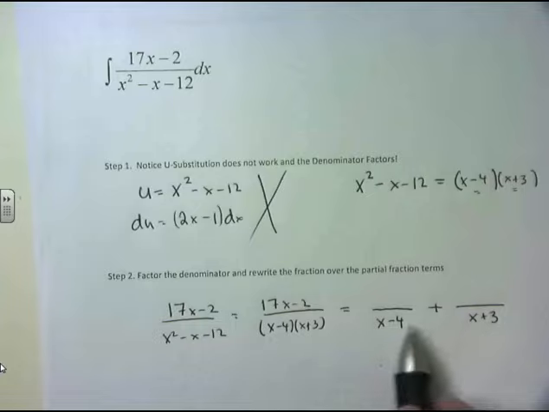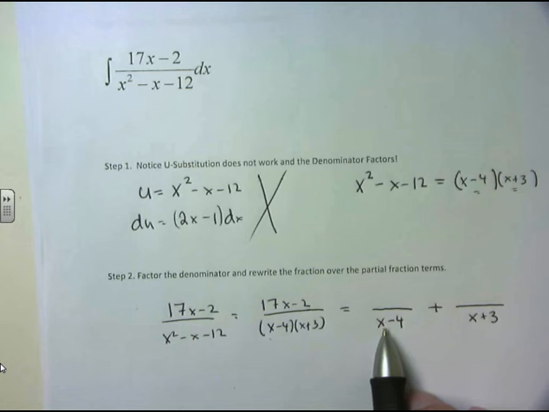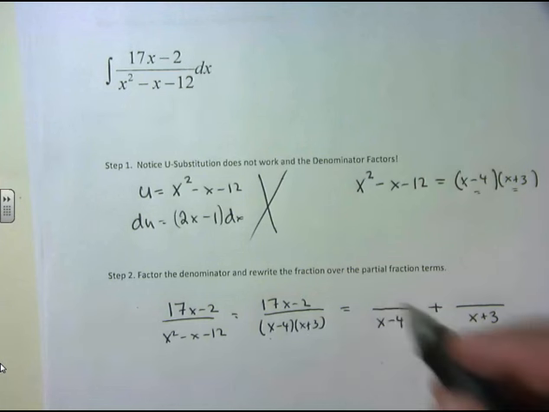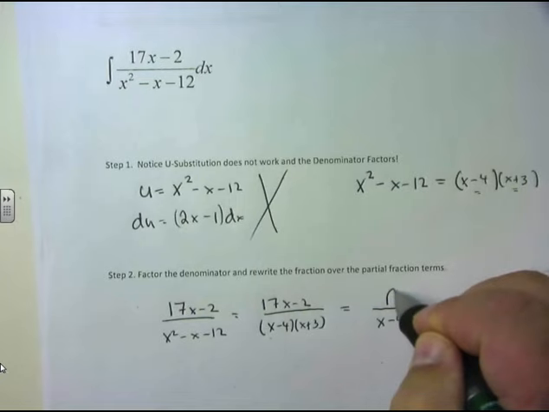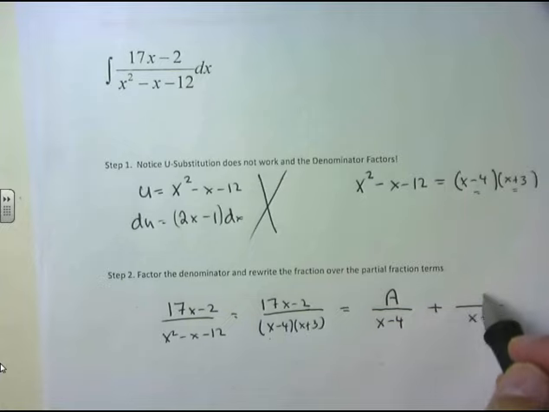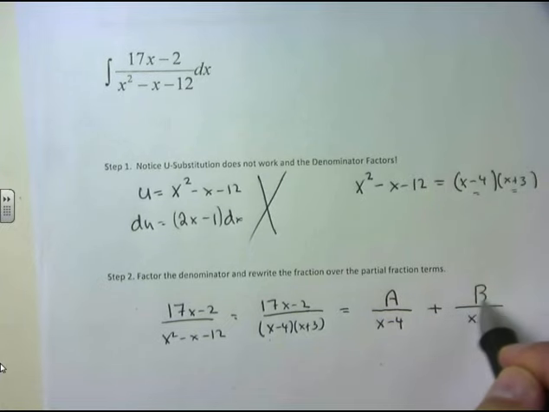So when I break this up, this is now a degree 1 little denominator here, so the numerator has to be a degree less than that. Well, a degree less than 1 is 0, and a degree 0 polynomial is a constant. I don't know what the constant is, so I'm going to call it A. This one is also a degree 1 polynomial, so the numerator has to be a degree less, which will be 0. It has to be a different constant. I will call it B.